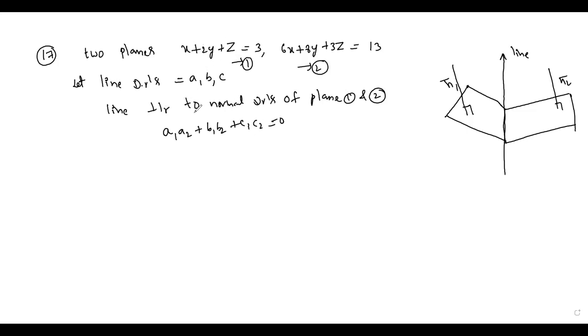First line and first plane perpendicular, that is A plus 2B plus C equal to 0. Line and second plane, that is 6A plus 8B plus 3C. We need to solve these two equations, and we can solve them by the cross multiplication method.